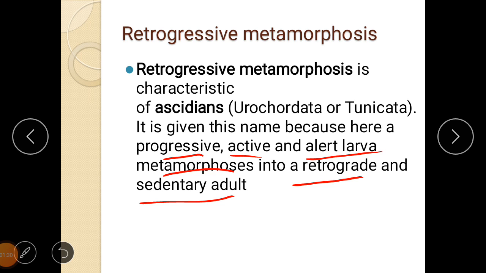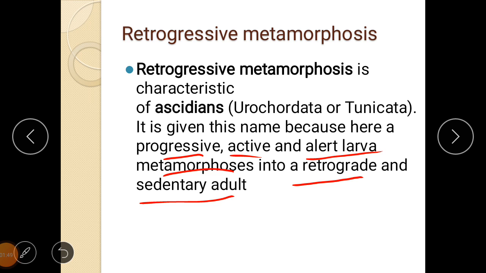Usually in all animals when they undergo metamorphosis, in the larval stage they show less motility, and as they become adult, they become more active, and the body structure becomes more advanced.